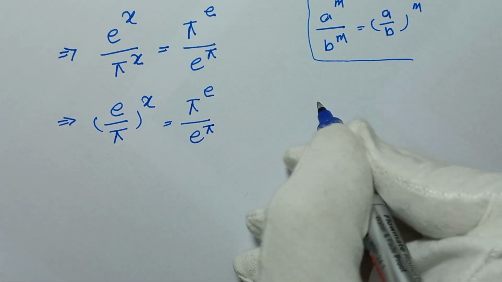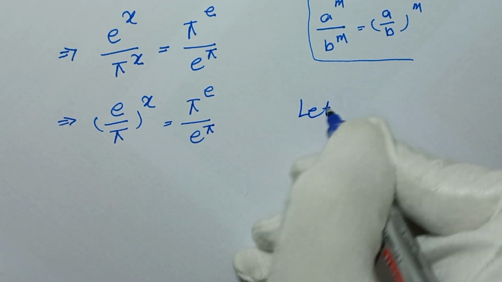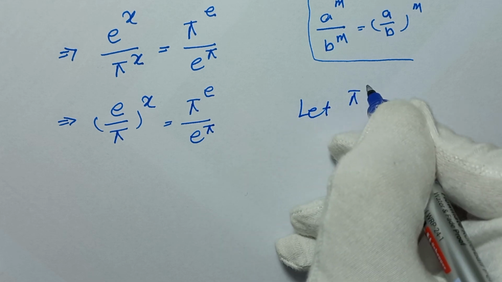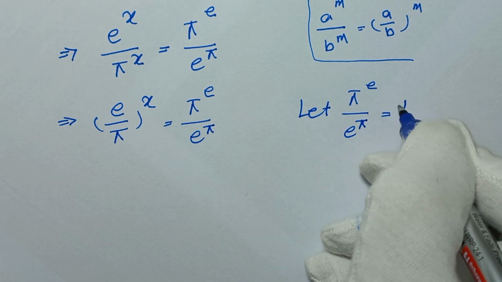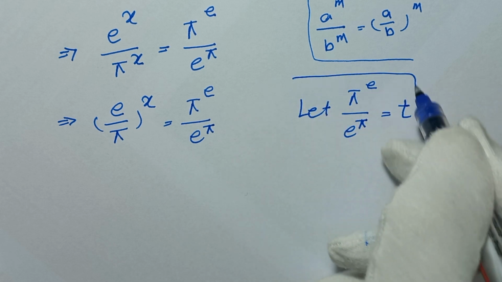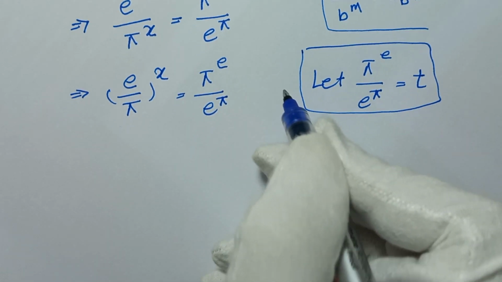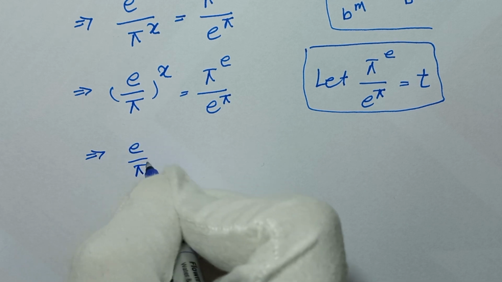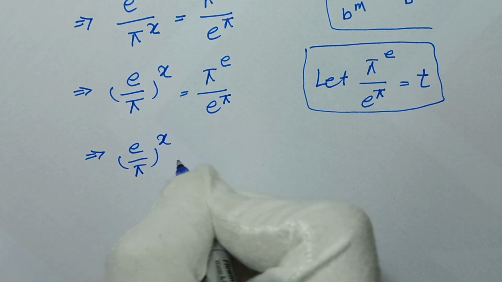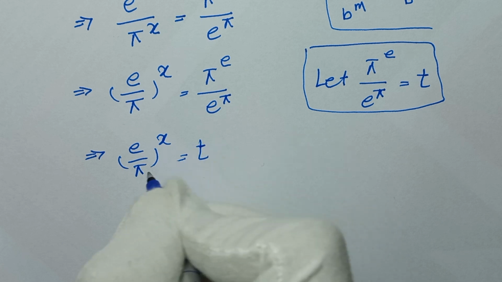In the next step, we let pi to the power of e over e to the power of pi be t. So it will be e over pi to the power of x equals t.